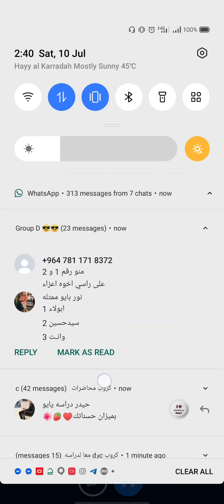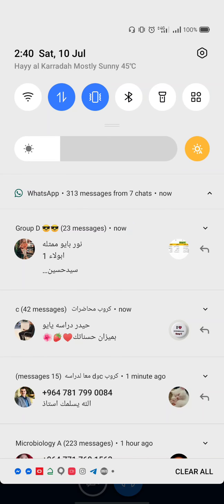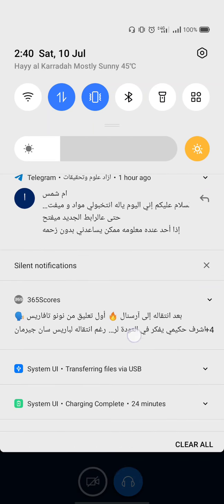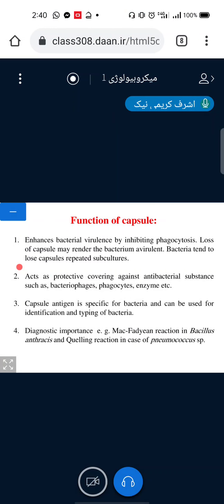Number three: capsule antigen is specific for bacteria. Capsule antigen means antigen K, which is related to the capsule and specific for bacteria.